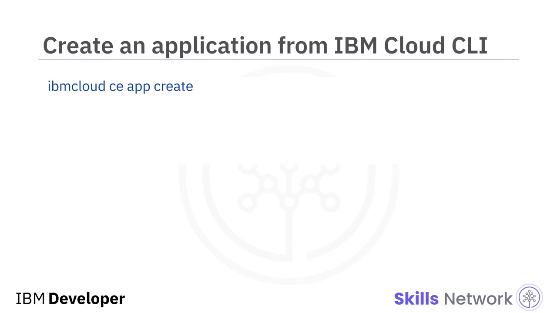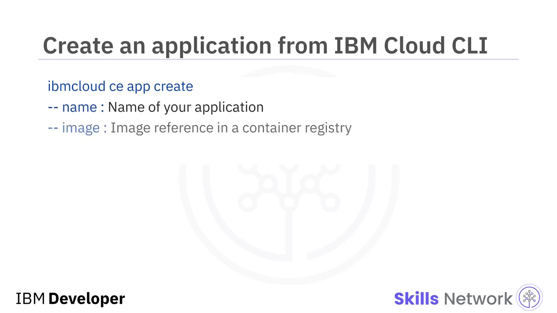Alternatively, if you prefer the command line interface, you can deploy your app using IBM Cloud CLI. The main command to create and deploy an application is ibmcloud ce app create. It has three main arguments: the name of your application, the image reference in a container registry, and registry access if the container registry is not public.